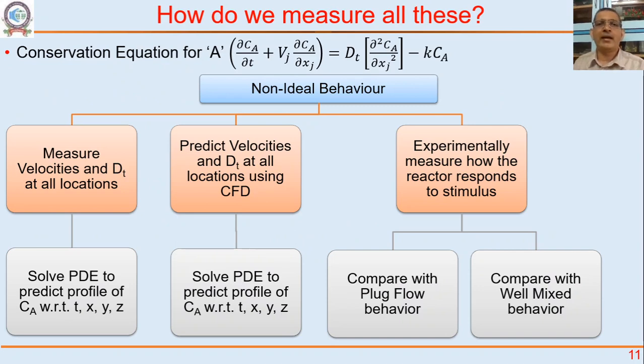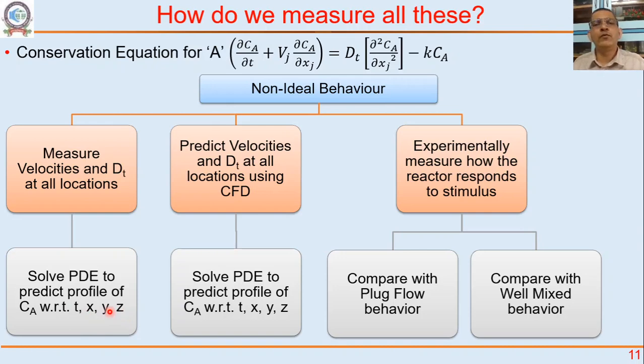So how do I characterize now all this? All this is characterized by this equation, our conservation equation for the tracer. So now if there is a reaction happening, there are three options with us. One is to measure the velocities and turbulent diffusivity at all locations and solve this PDE and get a concentration profile with respect to time and XYZ.